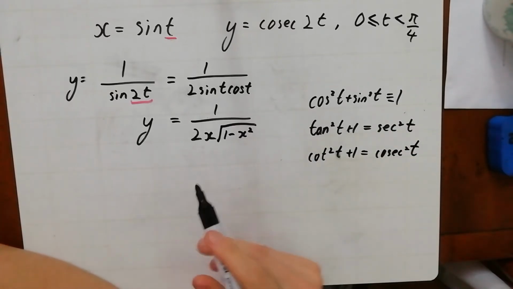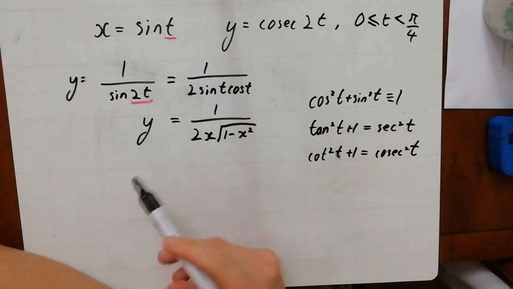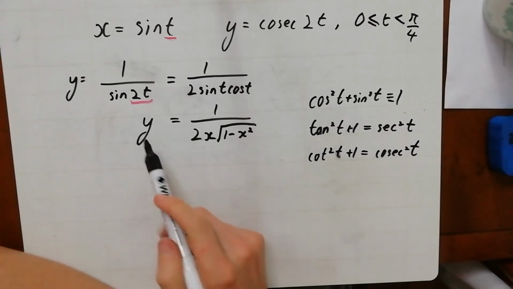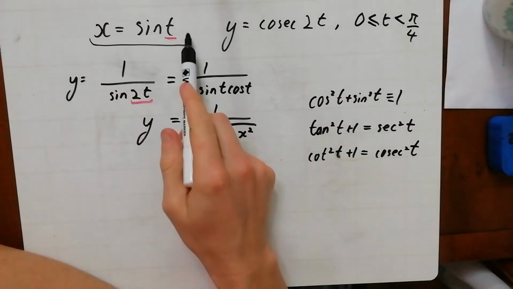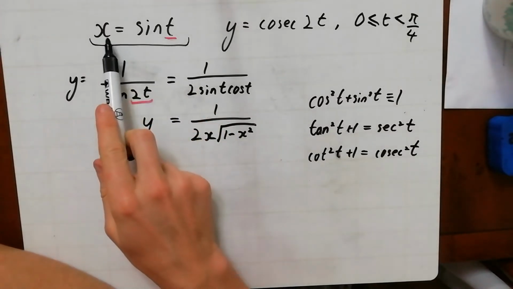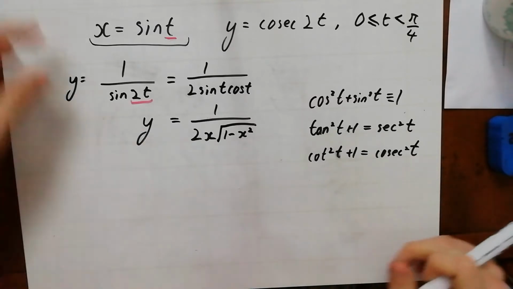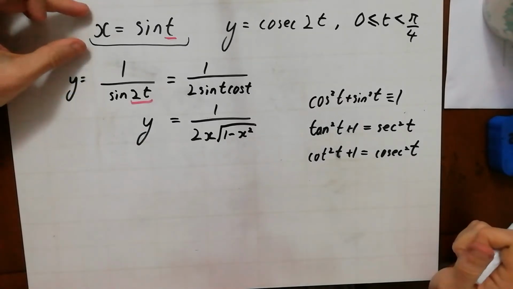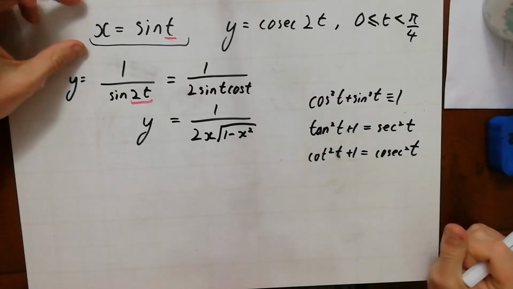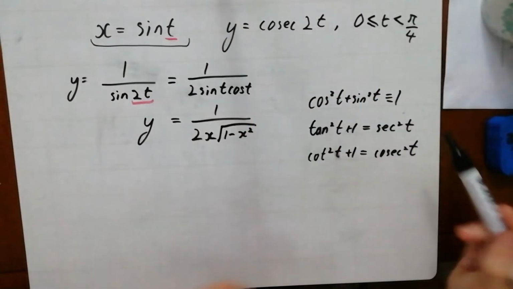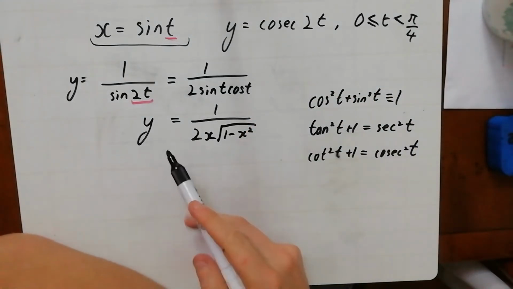A final thing that they may ask you to do is give the domain or range of the Cartesian equation. To find the domain, we need to look back at our original function. It's no use just looking at this and thinking what set of x values would be acceptable. X was previously defined in terms of t. So we need to look at the x value and think what set of x values can I get given the set of t values I'm allowed to put in.